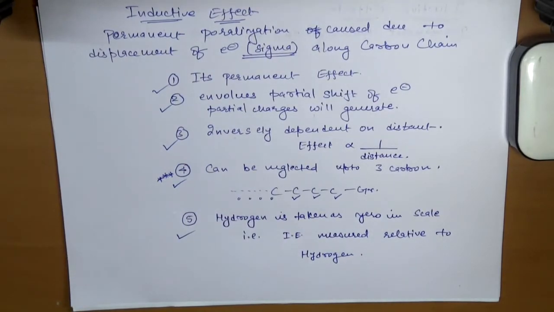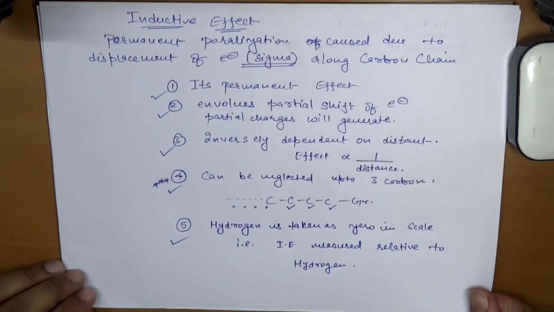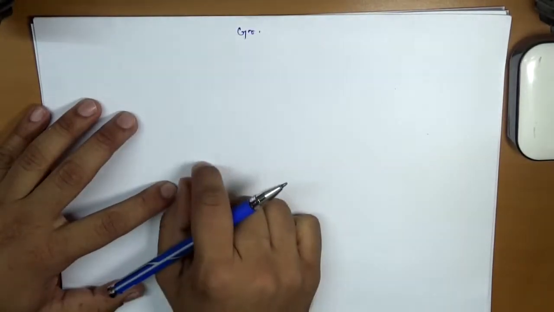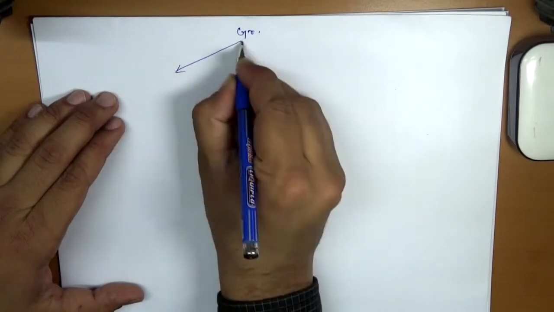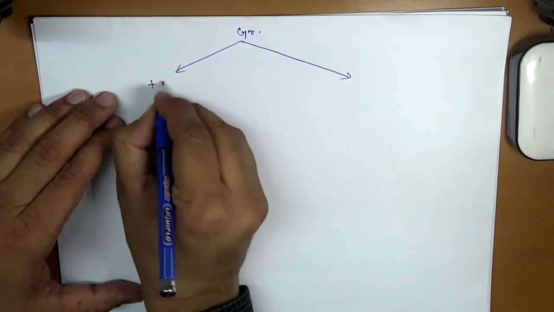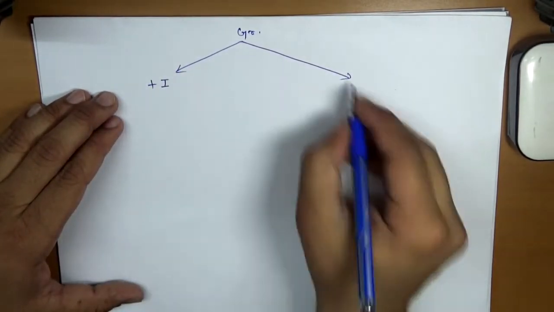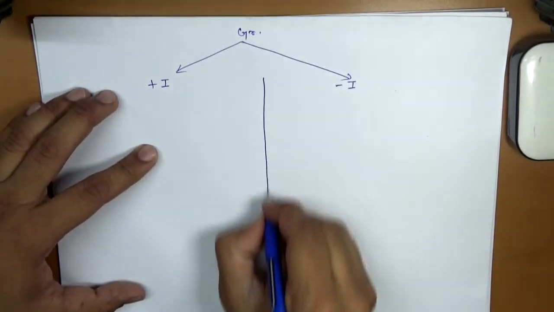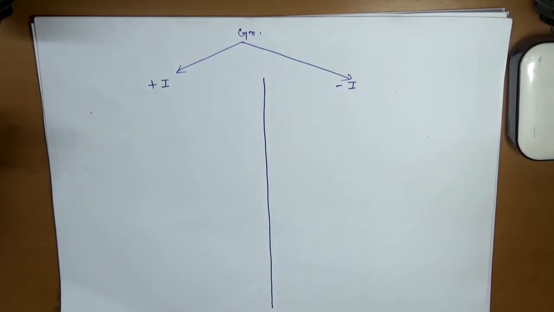Then I will be discussing the kinds of groups which show inductive effects. There are basically 2 types of groups which show inductive effect. First, there are groups which show plus I effect, and there are groups which show negative inductive effect, and we will differentiate between both of them.